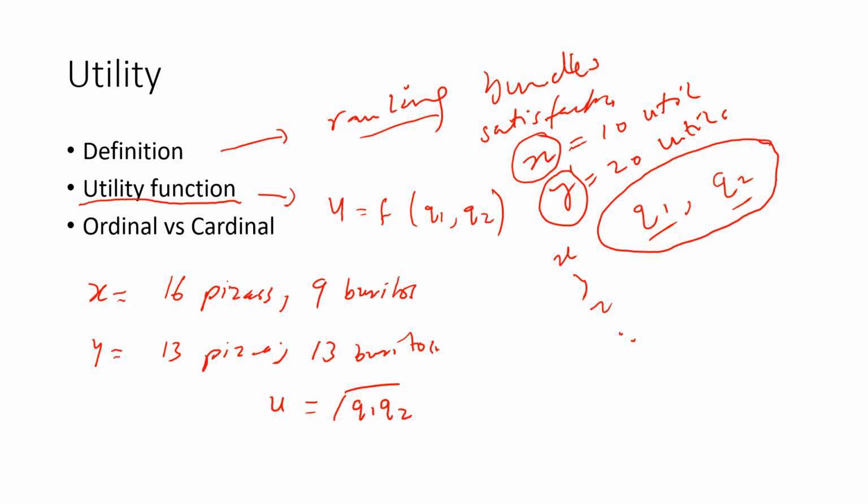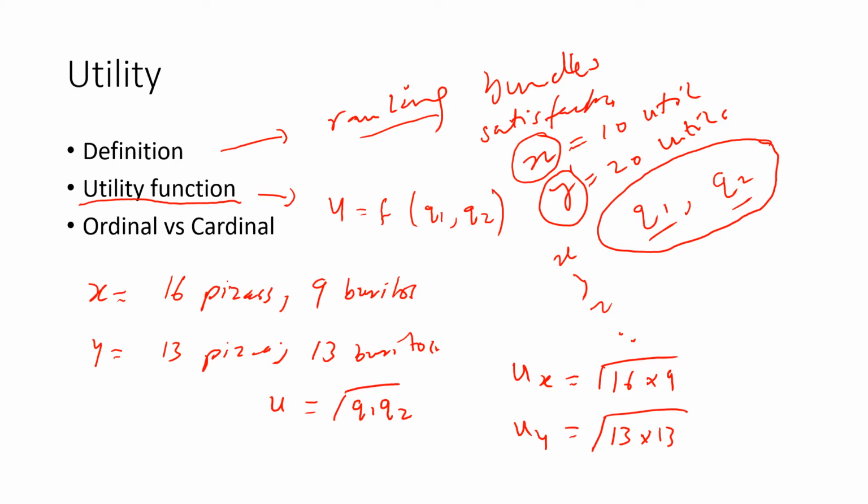So we will need to calculate the utility for both of these bundles. The utility of bundle X will equal the square root of 16 times 9, and the utility of bundle Y is equal to the square root of 13 times 13.